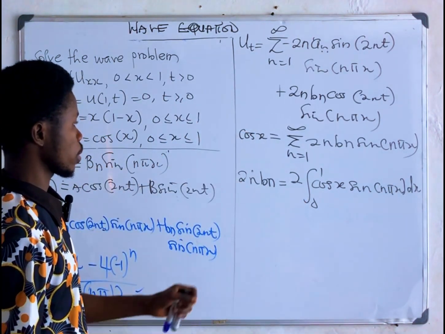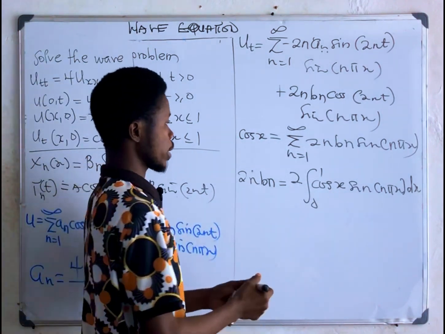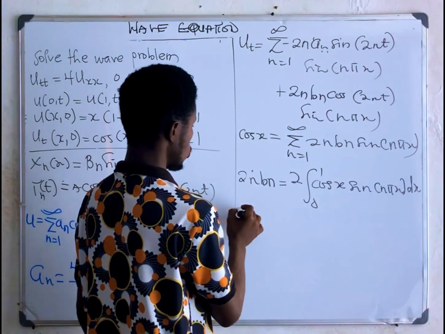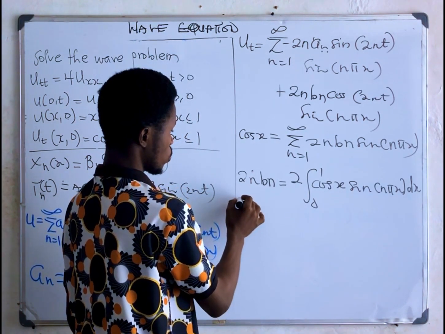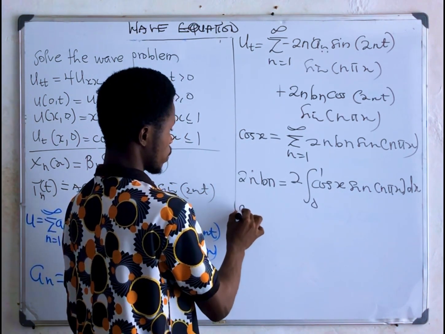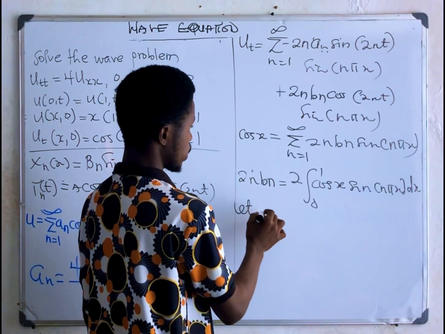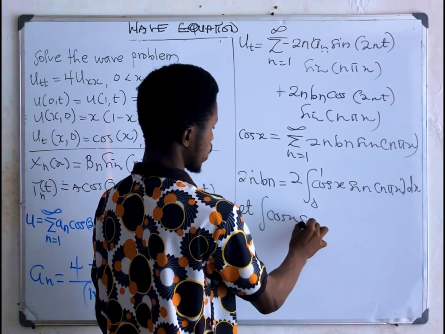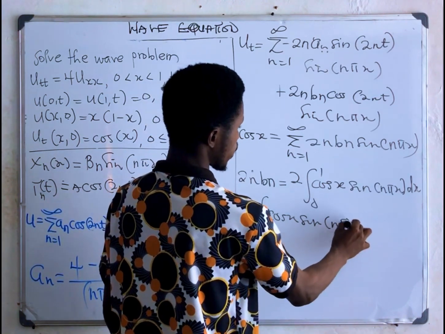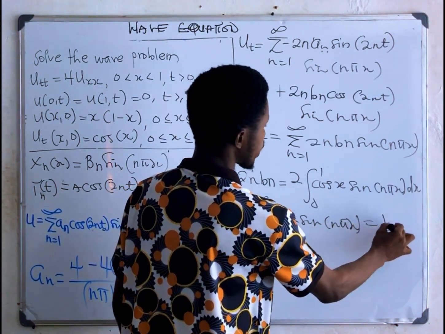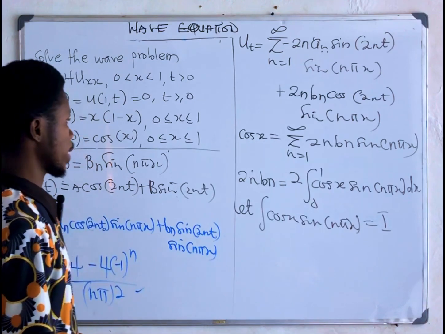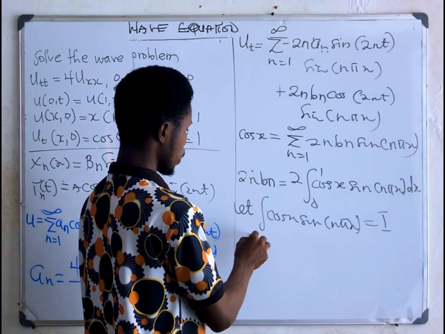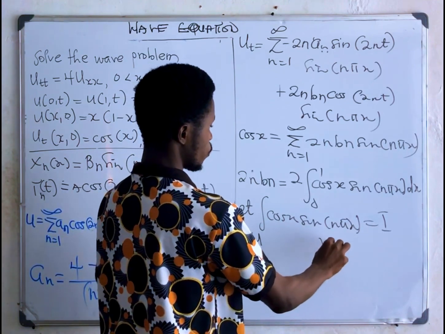Now this one, the whole of this is cos x sine n pi x. Let the integral of cos x sine n pi x be equals to I. Let's represent the whole of this by I, okay? So let's integrate this by parts, u v.